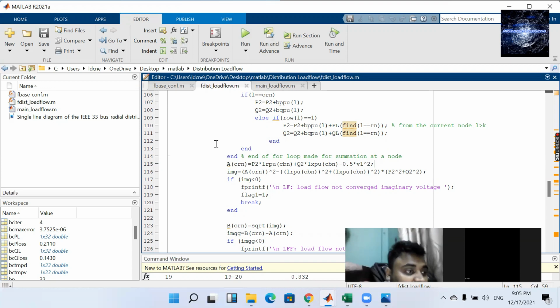Another current can be found from the power also. And by equating those two equations, we can get this formula.